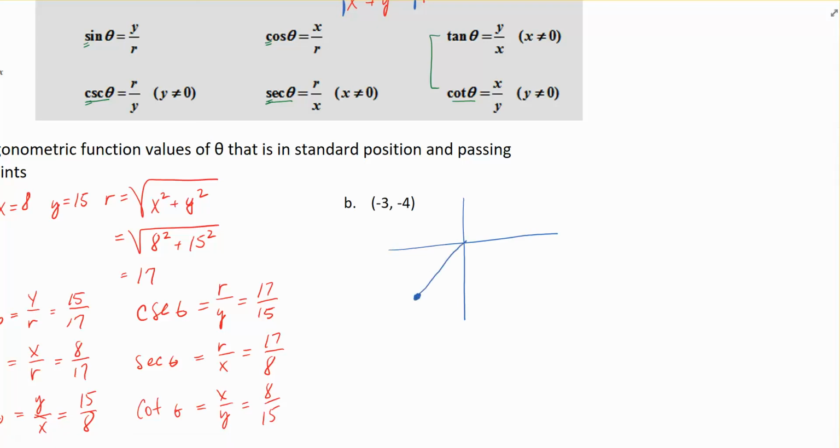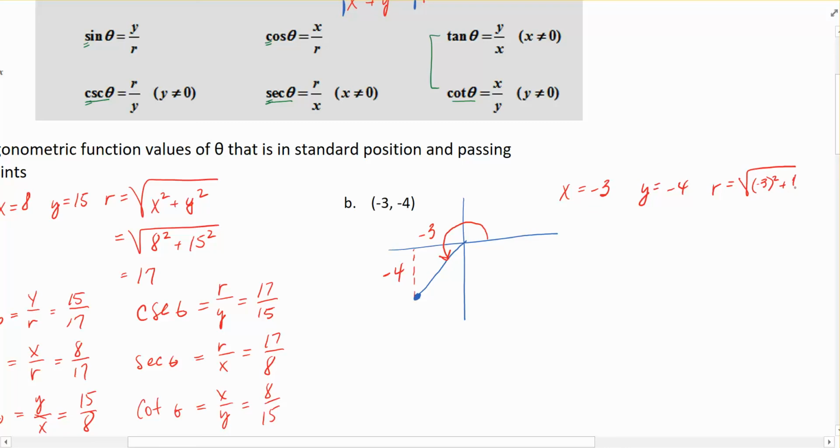And if I'm talking about the angle theta that is rotating around and stopping at this spot, I can now create a right triangle that has one leg of -3, one leg of -4, and again I'm going to have to figure out what r is. So let's summarize that. X is equal to -3, y is equal to -4, and r is equal to the square root of -3 squared plus -4 squared, or +5, because this is a 3, 4, 5 triangle.